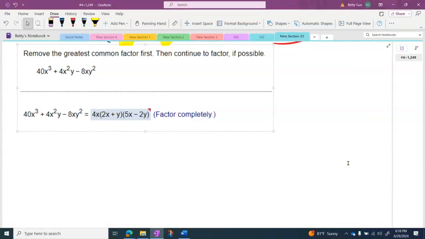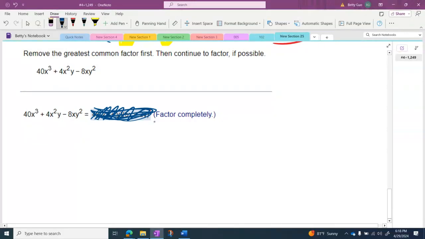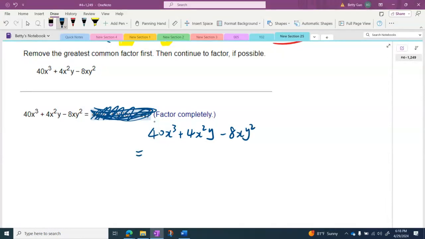All right, let's see the trinomial we have. Let me cover those. The trinomial we have is 40x cubed plus 4x squared y minus 8xy squared.